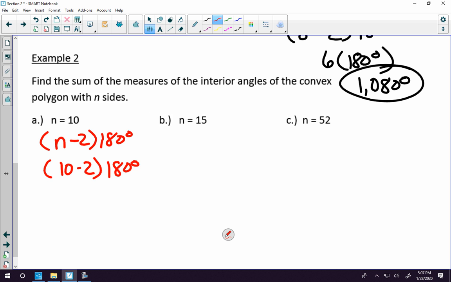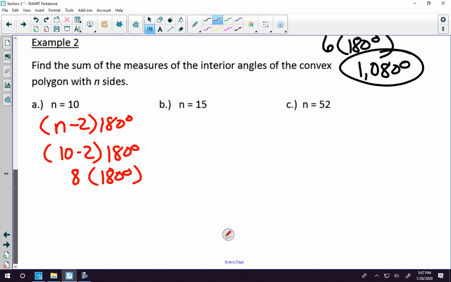If it has 10 sides, it's a decagon, which means it has 8 triangles inside of the decagon. So now we're talking about 8 times 180. So I think 8 times 180 would be 1,440 degrees if I calculated that correctly, using mental math.